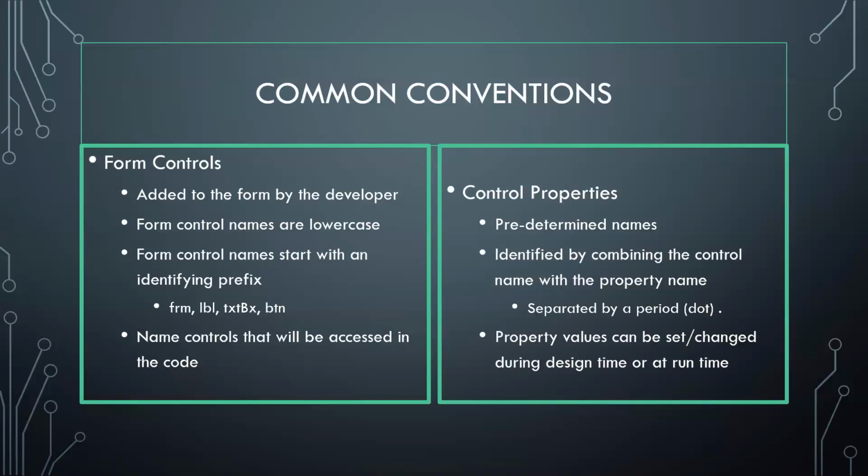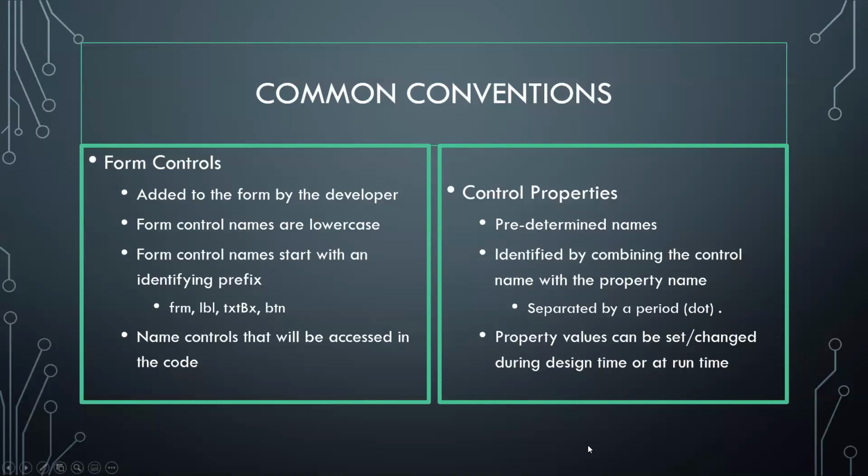Now, whenever we create our controls, we've seen that we can access the properties of the control using the predetermined names. They're already out there. We combine the name of the control with the property name separated by a dot.